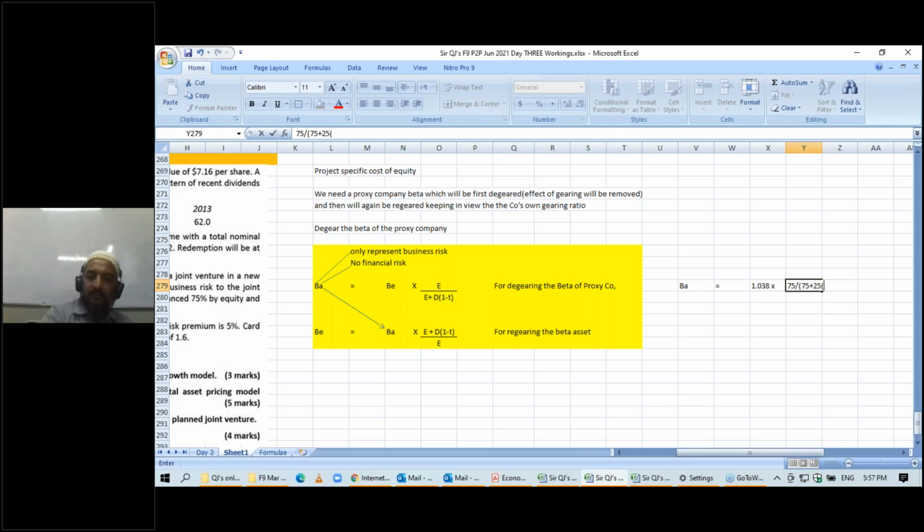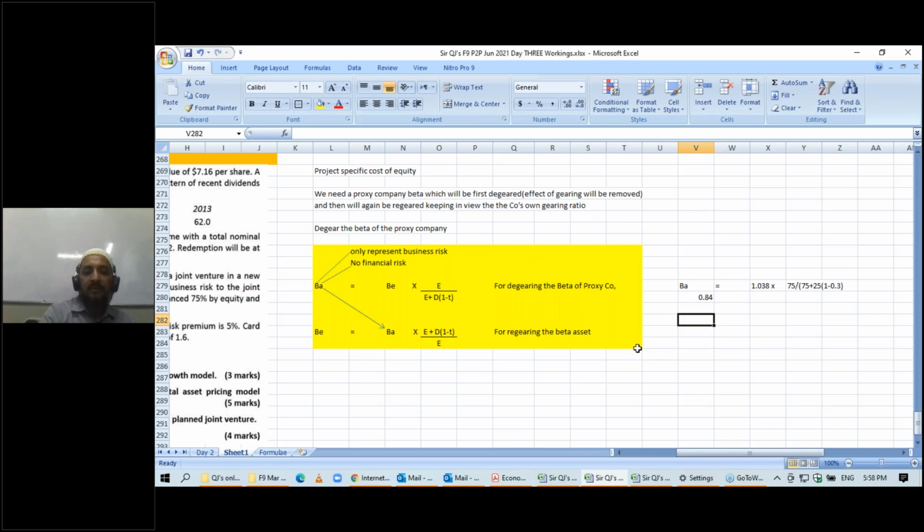Debt is 25, times 1 minus 0.3, which is the tax rate. By doing this, we get the beta asset, which is 0.84. Now 0.84 will always be lower than 1.038 because you have removed the financial risk. So if the risk reduces, the beta will also reduce.